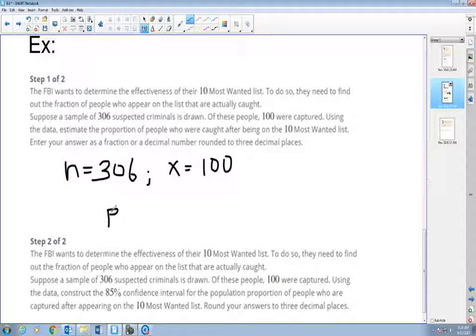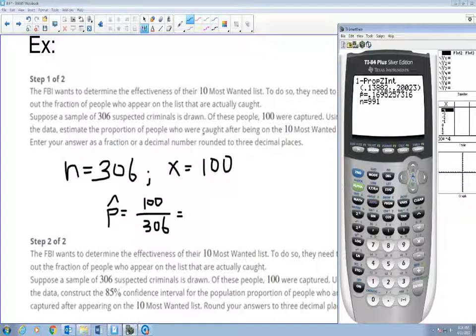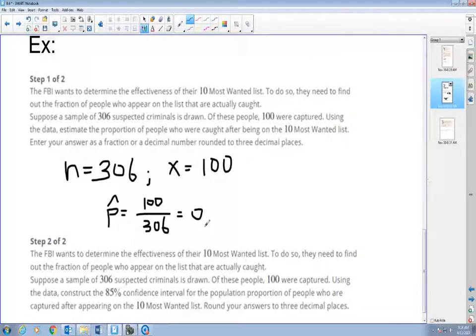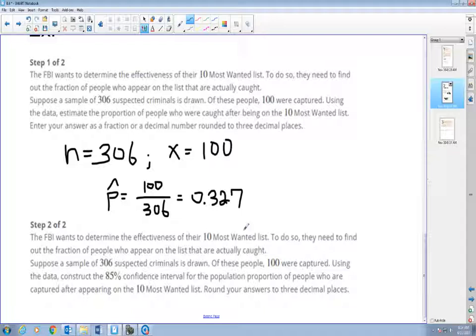Alright, so our sample proportion is 100 out of 306, which I know will eventually estimate my population proportion P. To 3 decimal places, that's about 0.327, almost 32.7%. Okay, that's being caught. So this is my best point estimate.